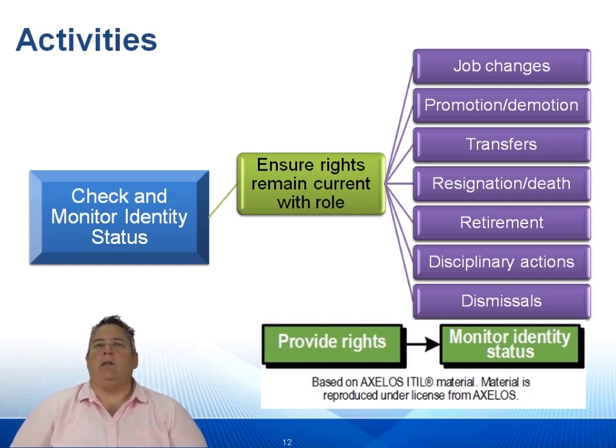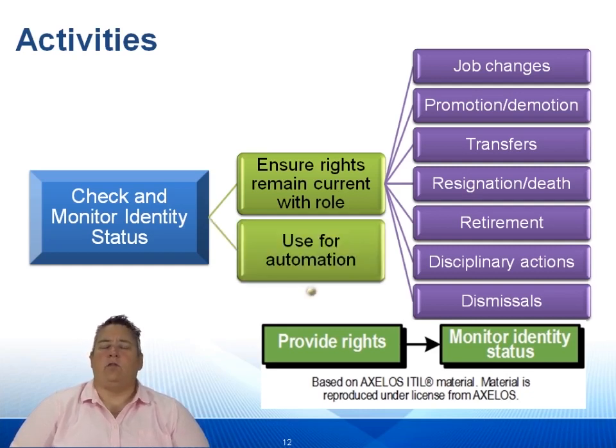Each one of those actions will obviously go through HR, but they should all be triggers to the access management process to ensure that the rights that have been granted are still appropriate for the end result of those actions. Obviously, for a retirement, we would want to withdraw rights, or for disciplinary actions, we may want to put some contingencies on rights, etc. These are all actions that need to be managed through monitoring, and they scream quite loudly that we use automation.